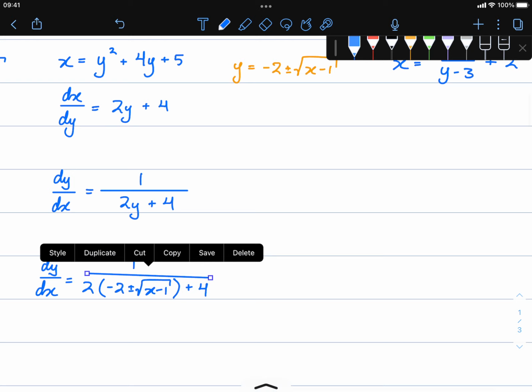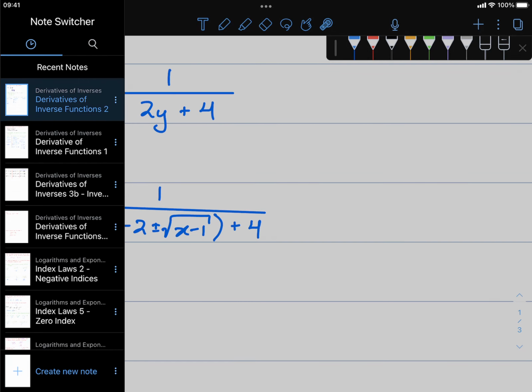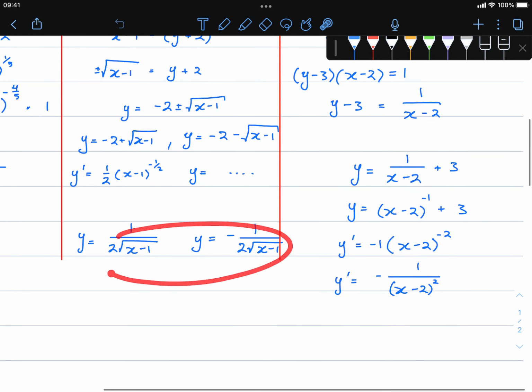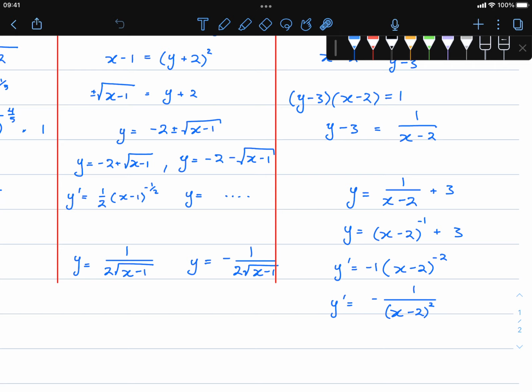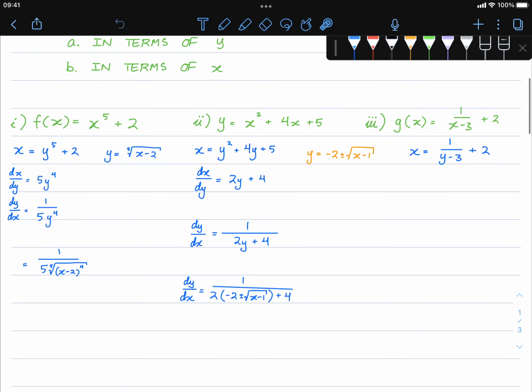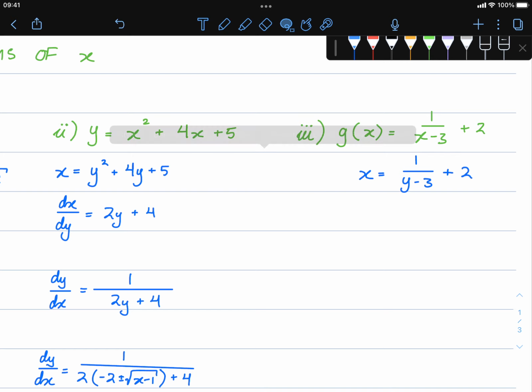So we would expand this and simplify, and it will be the exact same as we saw here. It would become one of these two here. Alright, so I hope that actually gets the idea. Let's keep going and let's see what we can come up with in the third example.